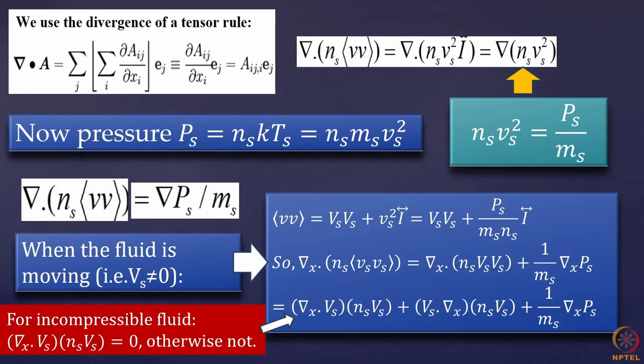I will show you in later classes how these terms are handled in actual plasma processing systems. But for the time being, we are assuming that this term is 0, so that we can easily simplify the expressions we are getting for this momentum conservation. So we move to our next slide.